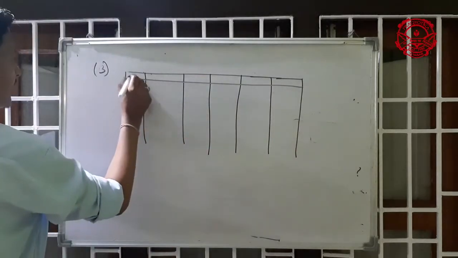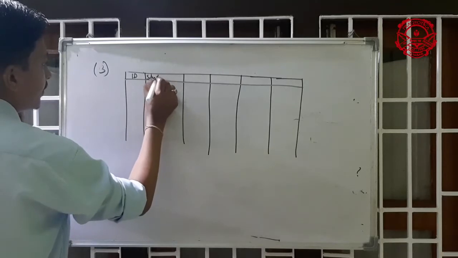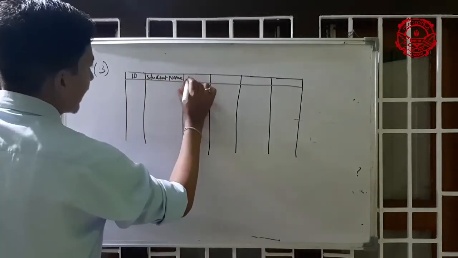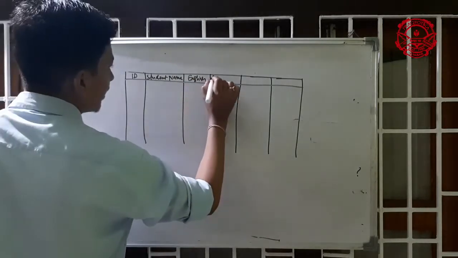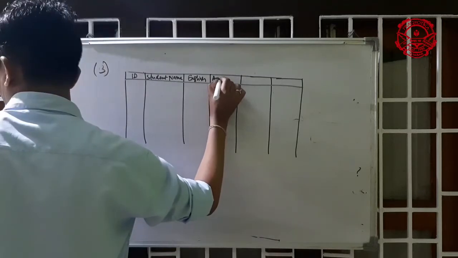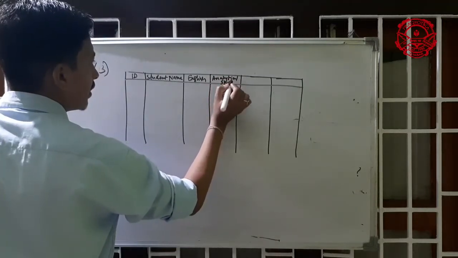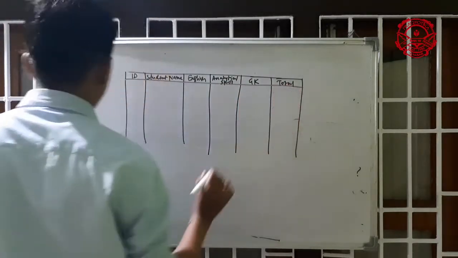First one is ID, student name, English, analytical skill, GK, and total.